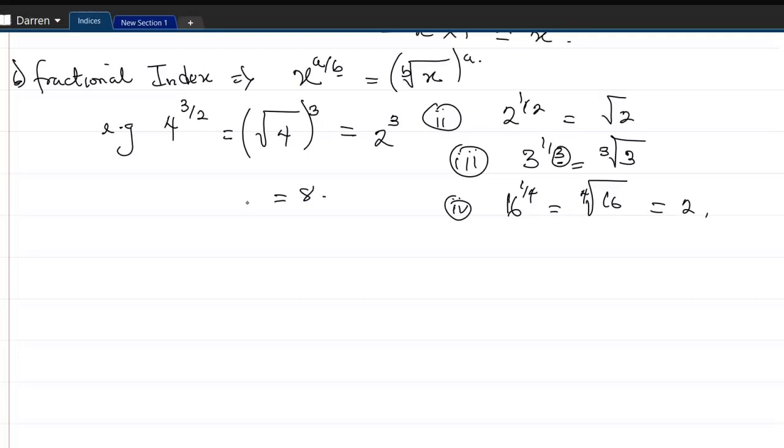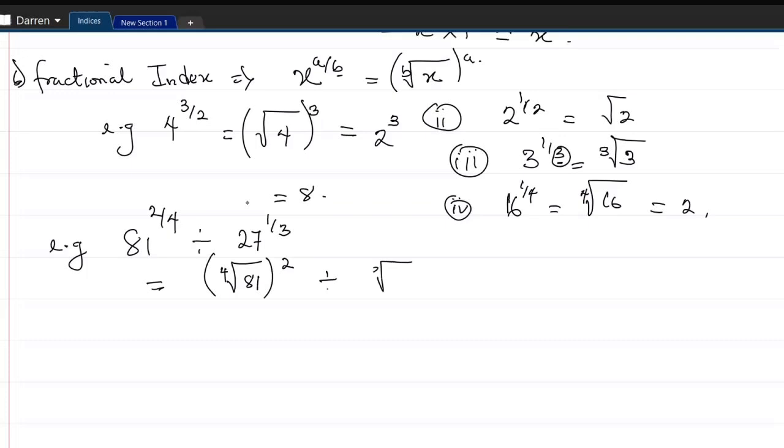So let's take a nice example. Let's have 81 raised to the power of 2 over 4 divided by 27 raised to the power of 1 over 3. This is going to give you the fourth root of 81 raised to the power of 2 divided by the cube root of 27 raised to the power of 1.